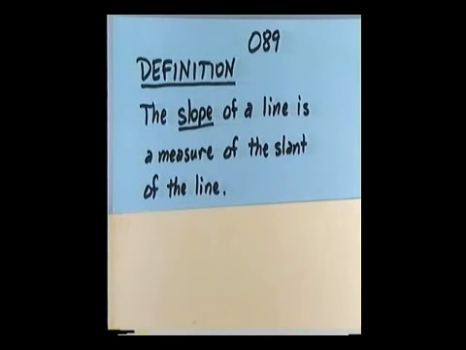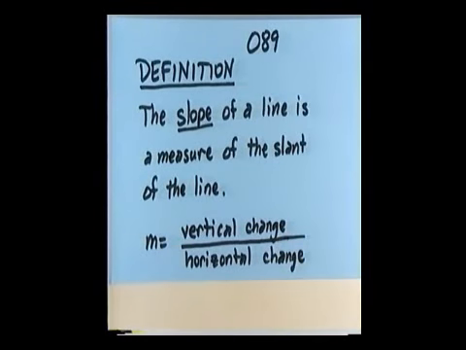So we'll actually find a numerical value describing the slant of the line. To find this value, we use the fact that the slope is a ratio of vertical change to horizontal change along the line. Slope is vertical change over horizontal change.